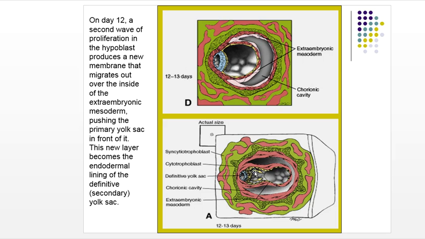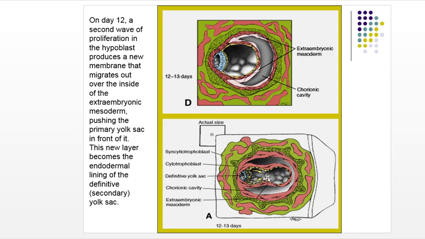This new membrane migrates out over the inside of the extra-embryonic mesoderm, here, pushing the primitive yolk sac in front of it.